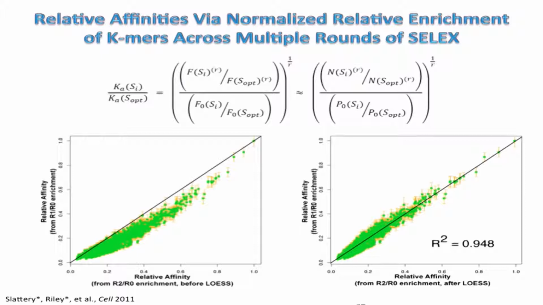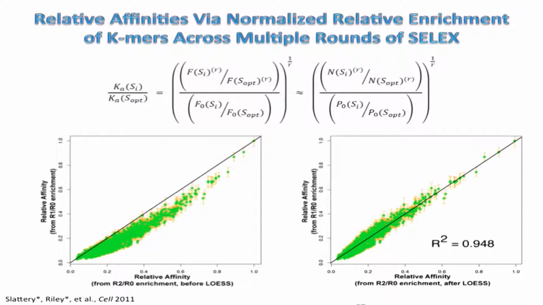And actually, you can see here I'm plotting the standard error. The vertical error bars are the standard error of the affinities using R1 over R0, and the horizontal error bars correspond to the standard error for using the R2 over R0 affinity estimates.